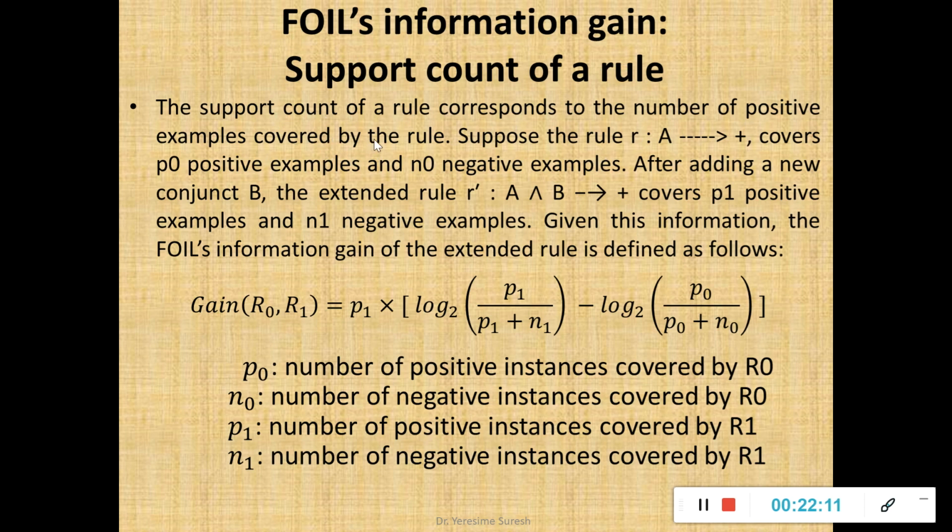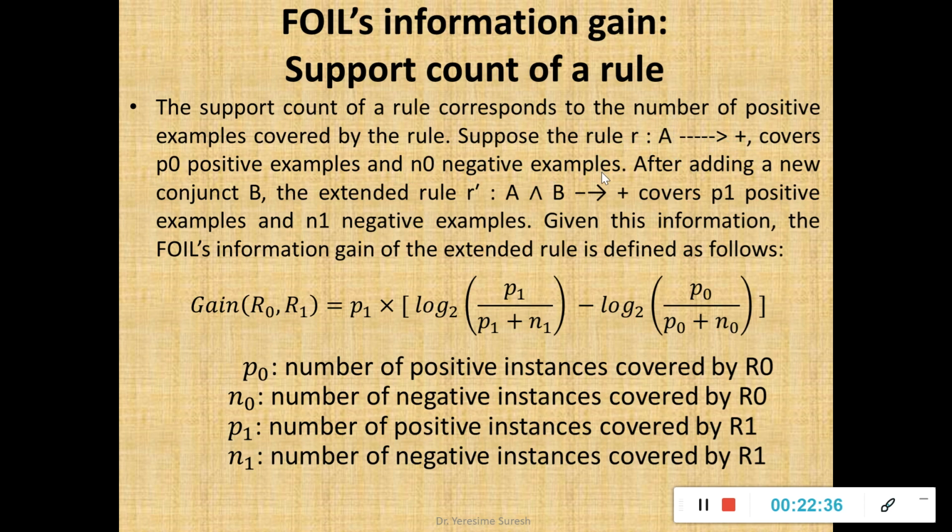So please remember, the majority of the emphasis is on positive coverage, because your learn one rule also says the same thing: cover more positive instances and zero or few negative instances. So suppose I have a classification rule, or the attribute conjunction is A implies positive, covers P naught positive examples and N naught negative examples.